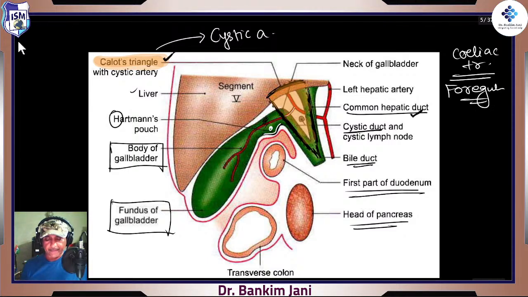So the contents of Callot's triangle: one is the cystic artery, and another is the cystic lymph node, which is shown over here. Plus there would be autonomic nervous system fibers which will be supplying the gallbladder.